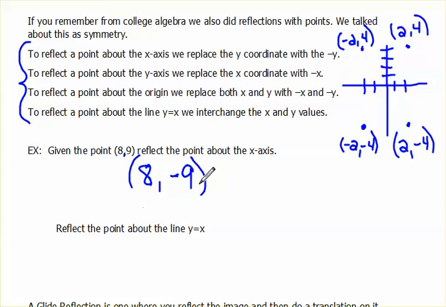So that would be our point. Now we're also going to take that original point, 8, 9, and reflect the point about the line y equals x. So to reflect a point about the line y equals x, we interchange the x and the y values. So instead of x, we're going to use the y, which is 9, and instead of y, we're going to use the x, which is 8. So we just flipped those points.